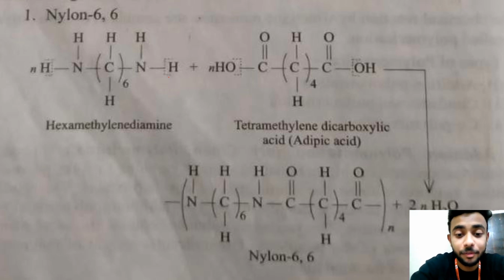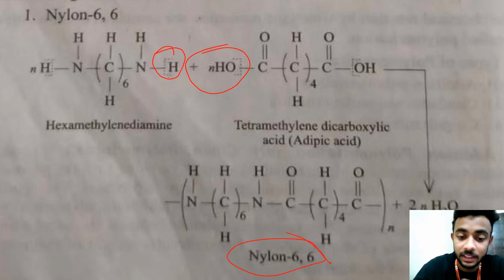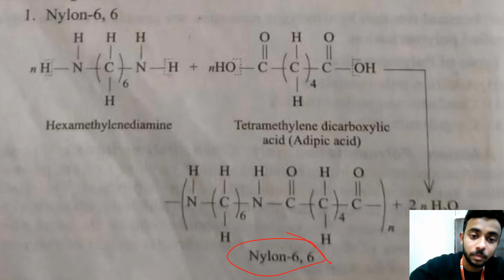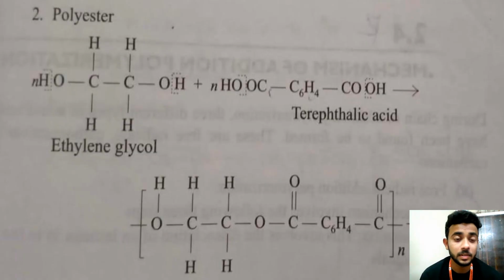In the process of step growth polymerization, the hexamethylene diamine compound releases a hydrogen atom and the tetramethylene dicarboxylic acid releases hydroxide, forming nylon 6. Another example of step growth polymerization is polyester.